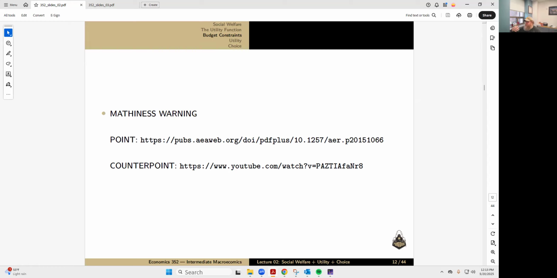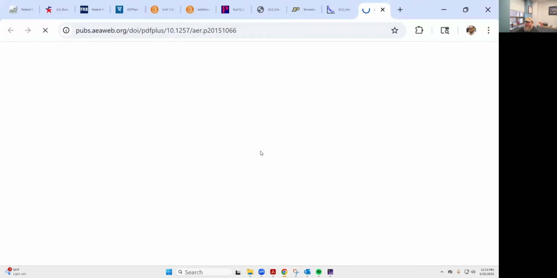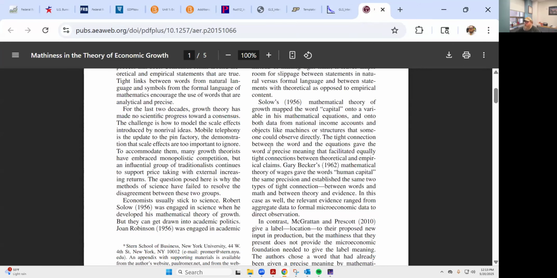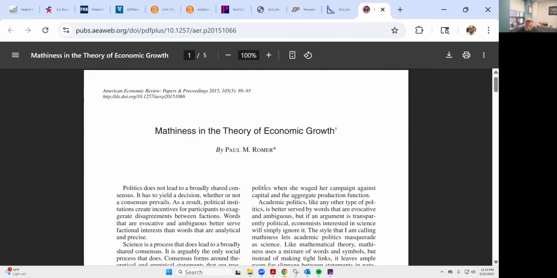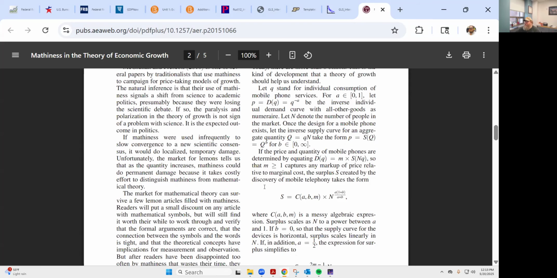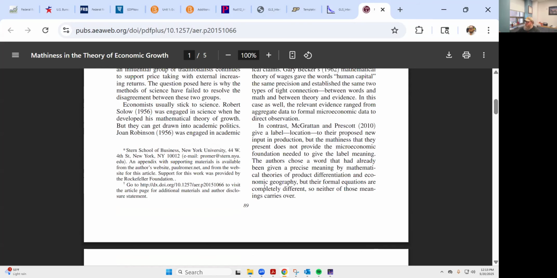Okay, so one of the things that you'll hear me talk about, and I think I've already talked about it a little bit in economics, is this concern over the mathiness, how mathy economics is. There's a really good article. I'm not going to require it for this class because it's not that important for this class, but it's useful in the sense that Paul Romer, who's one of the most important economists of the 20th and 21st centuries, basically says that the mathiness of economics has reduced its usefulness.